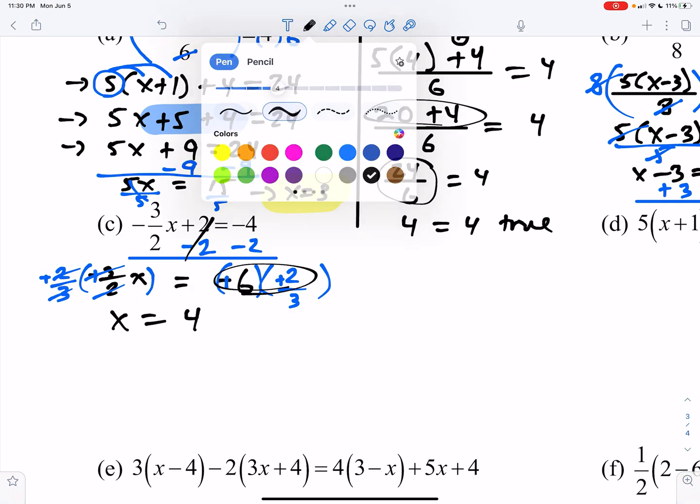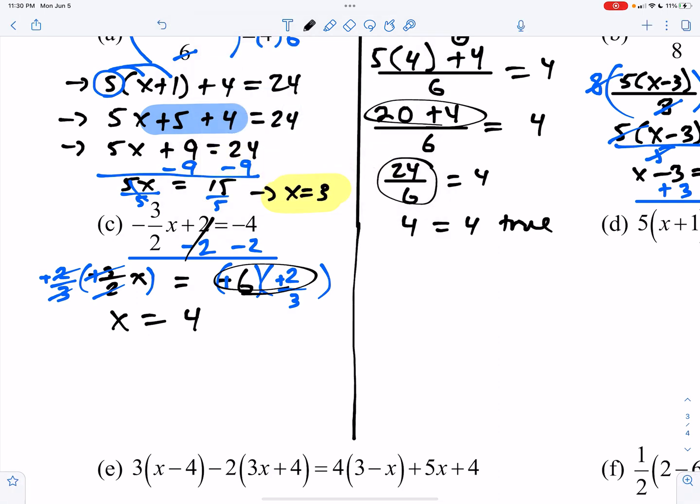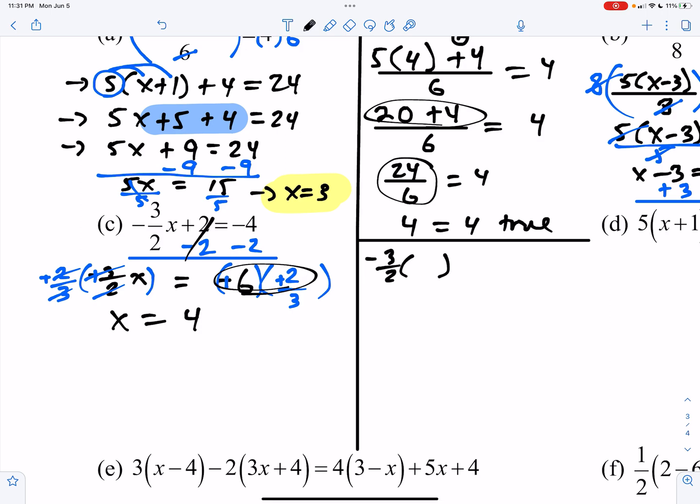Well, let's check and make sure that that is true. So I have negative 3 halves, parentheses for x, plus 2, and we're going to see if that equals negative 4. Okay, plugging in 4 right there in place of x.